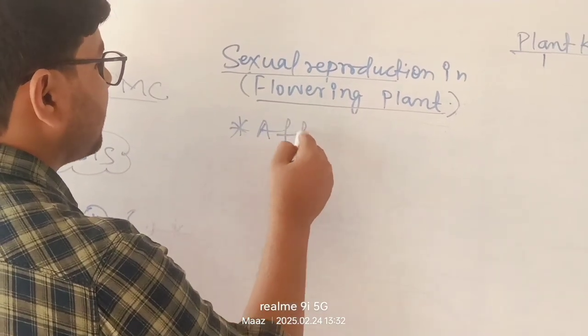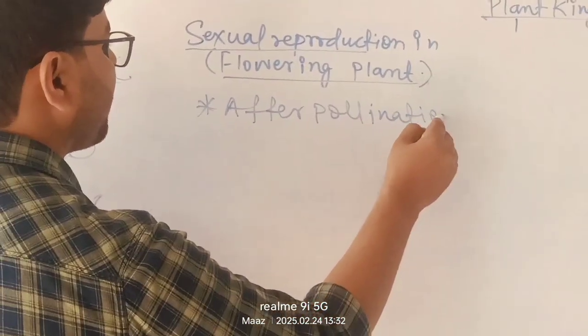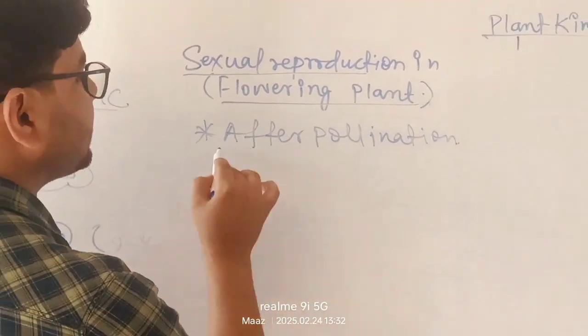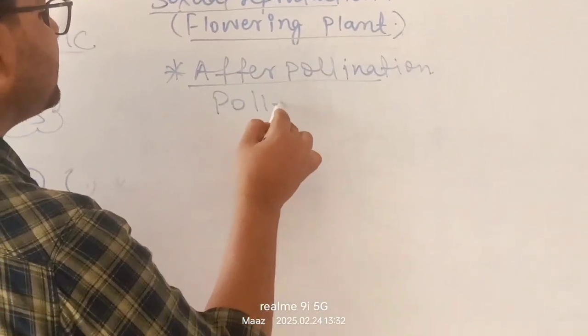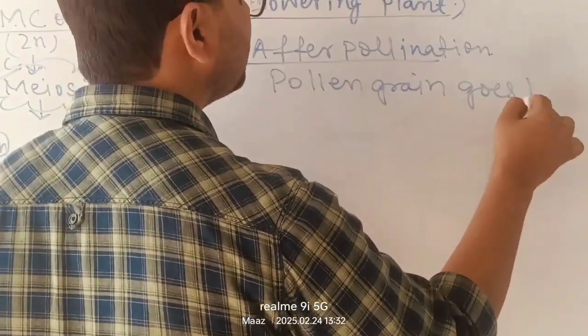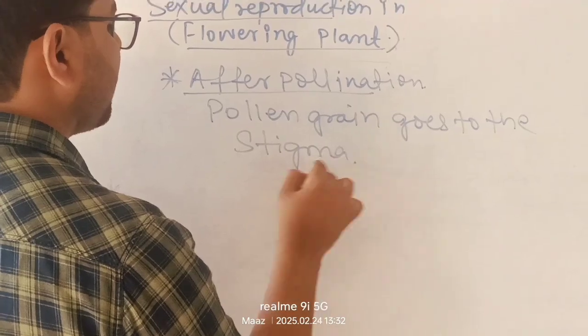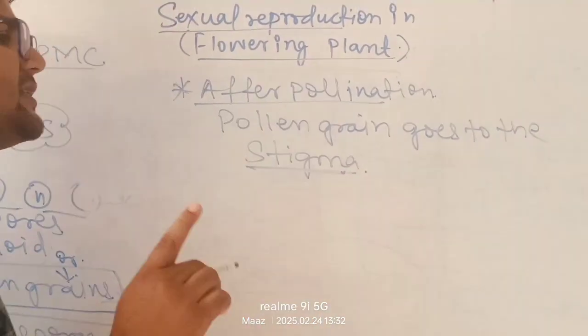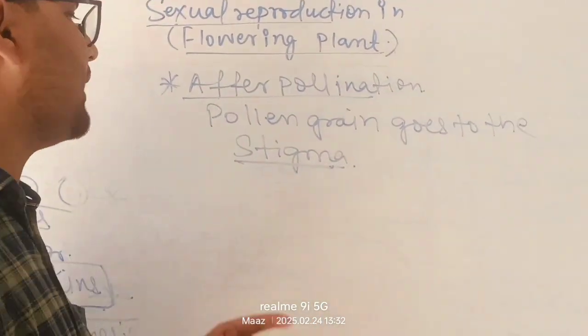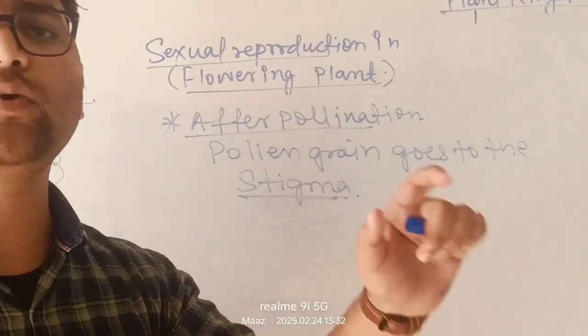After pollination, when pollen grains go to the stigma. In 40% of plants, when the pollen grain reaches the stigma, it germinates into a male gamete.